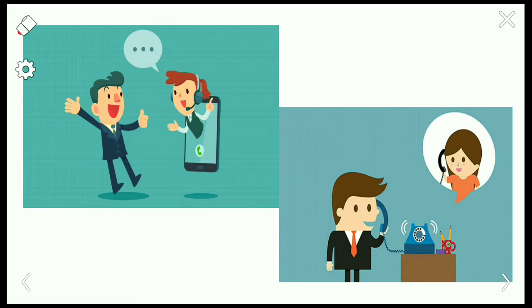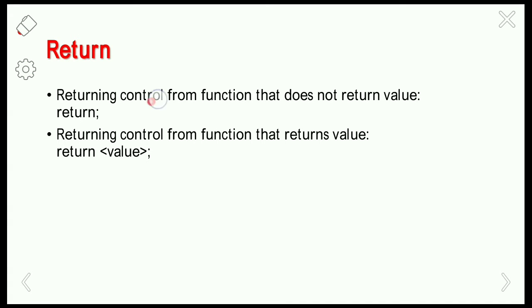You simply have to listen to the IVRS call, so you can't return anything. If you consider the bank's IVRS phone call as the calling function and the user as the called function, the user, after listening to that IVRS call, cannot reply back, so he cannot return anything to the IVRS call. You can consider that as a return statement that doesn't return anything.